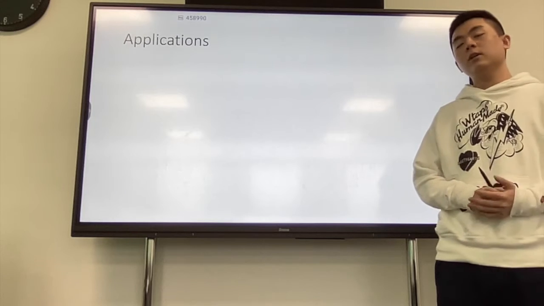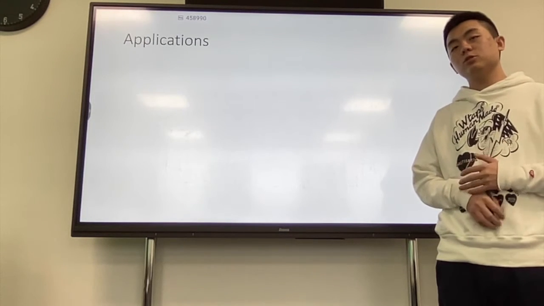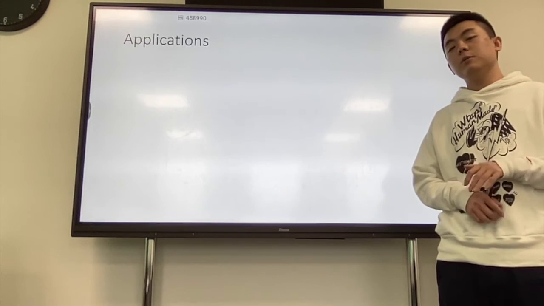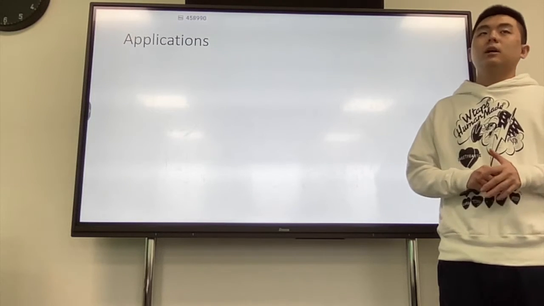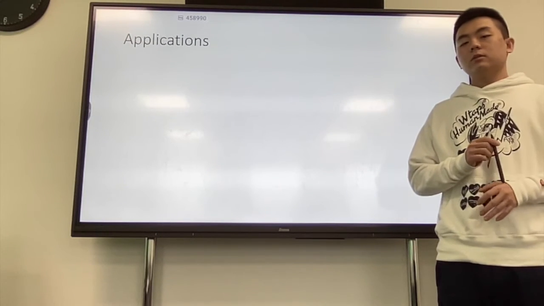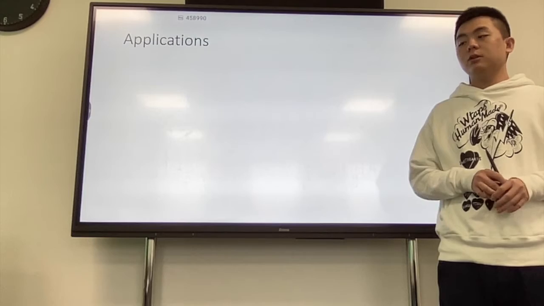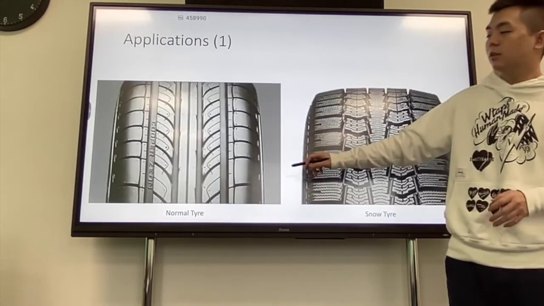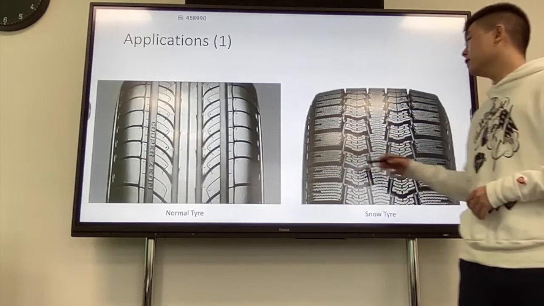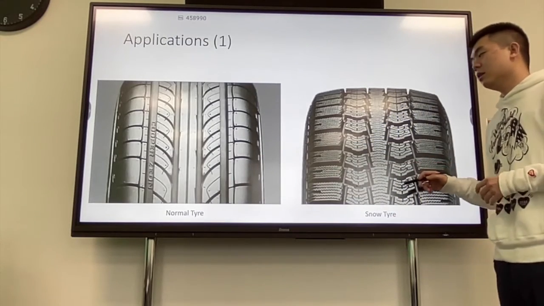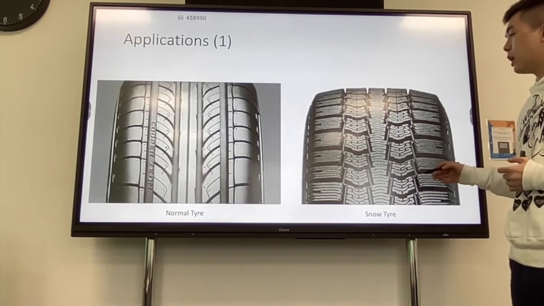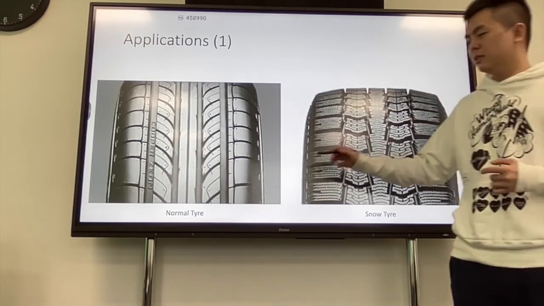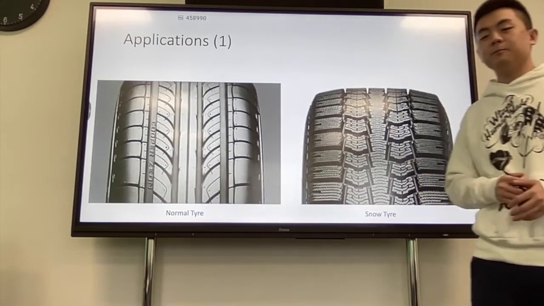When people are walking, the friction between the shoes and the road makes people able to move forward. Friction is also used on the tire. This is a normal tire, and this is a snow tire. Obviously, the snow tire is rougher than the normal tire.